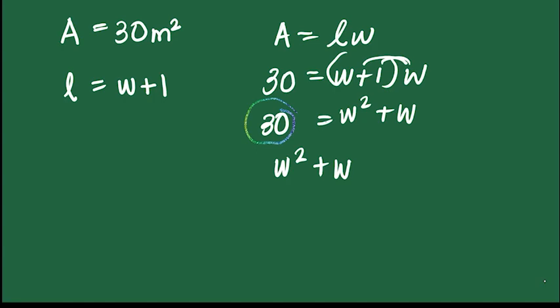We will change the sign of that term. So that becomes minus 30. That means you will have 0, which is equated to W squared plus W minus 30. It's now standard form.